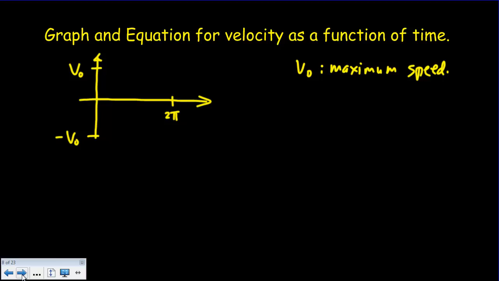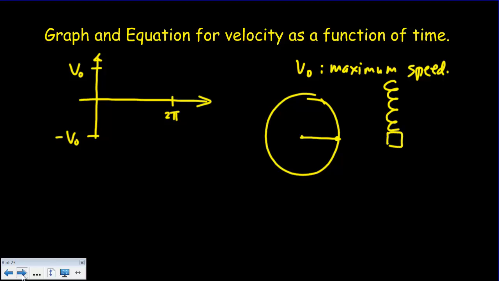It's got to be the same in every way, except that our displacement was originally 0, right? We had theta equals 0. Our original displacement, our y value, was 0 when we were right in the middle of the motion, when we were in equilibrium position.